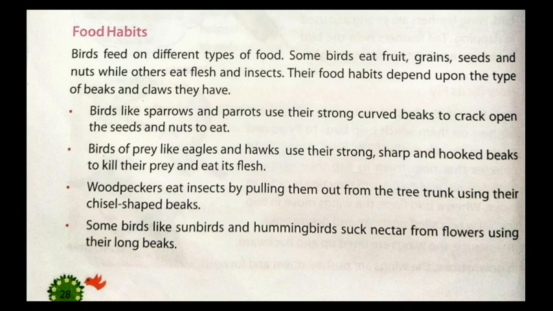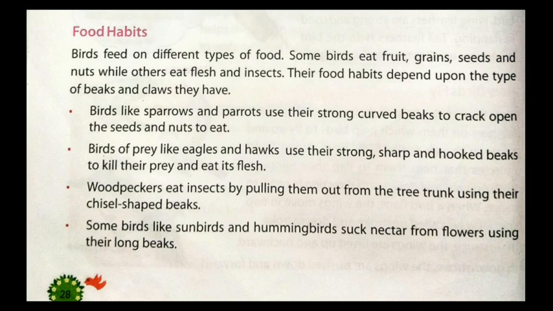So I hope all of you understood their food habits are different. Different types of birds, different types of food habits. Their food habits depend upon the type of beaks and claws they have. Flesh eating birds have strong, sharp, and hooked beaks.